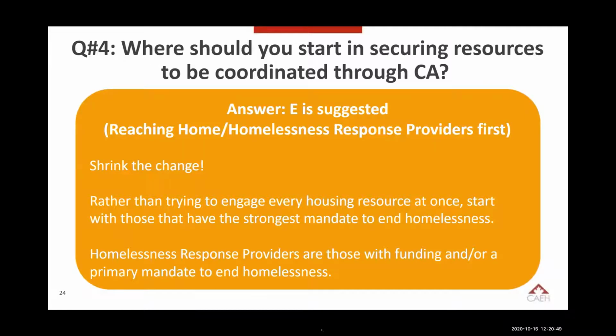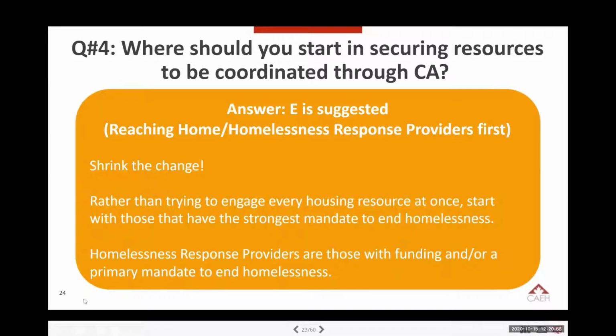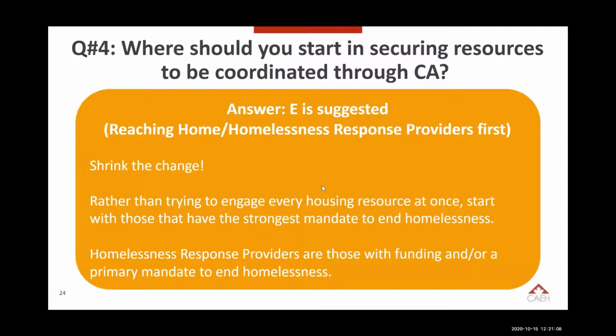Well, we would suggest answer E. And the reason we say that is to shrink the change by starting with Reaching Home funded housing resources if you are funded as a designated community, as well as homelessness response providers, rather than trying to engage every resource at once, especially when those housing resource programs don't have a goal or a direct tie to ending homelessness.